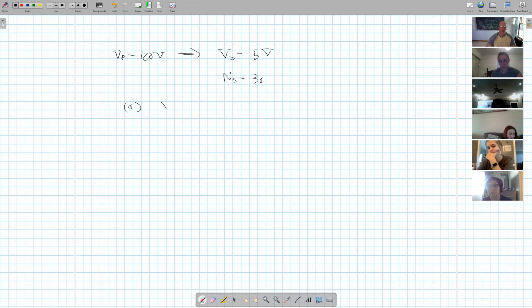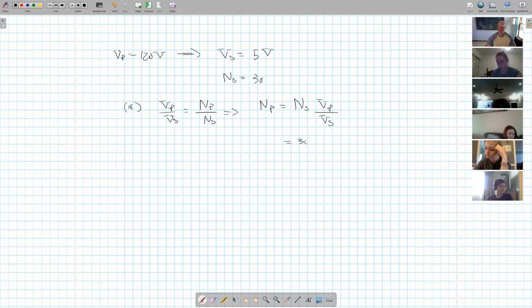We now know that the potential across the primary divided by the potential across the secondary must be equal to the number of turns of the primary divided by the number of turns of the secondary. So the number of turns of the primary must be equal to the number of turns of the secondary times the potential across the primary divided by the potential across the secondary.